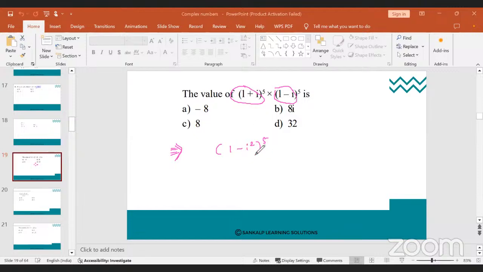So 1 square is 1, minus i square. My i square is minus 1, minus of minus 1 is plus 1. So it is (1 plus 1), the whole raised to 5. That is nothing but 2 raised to 5. 2 raised to 5 is how much? 32 is the answer.